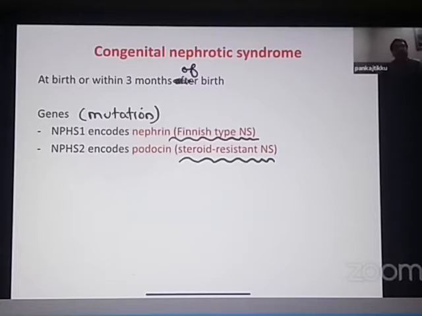Mutation in NPHS2, which codes for podocin, results in a steroid resistant nephrotic syndrome.